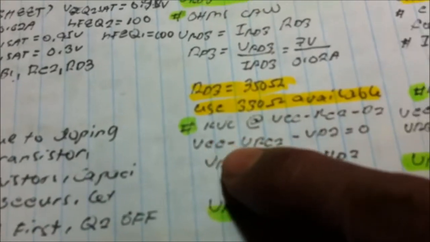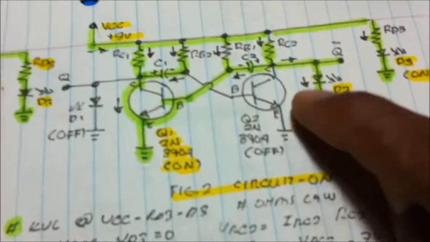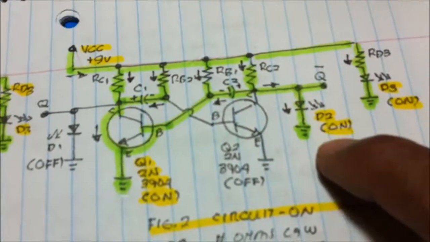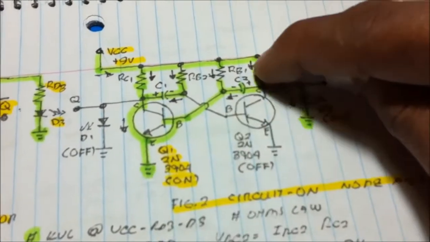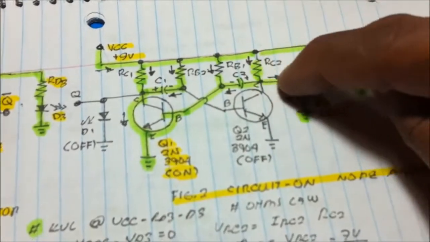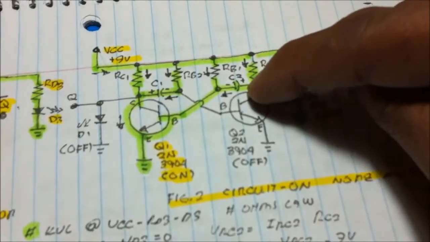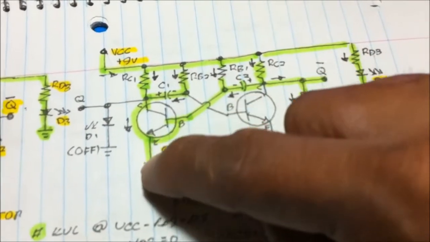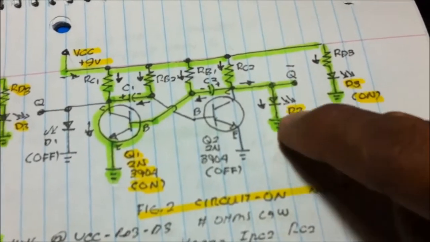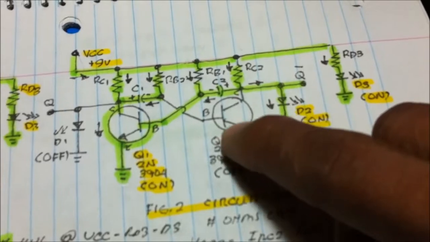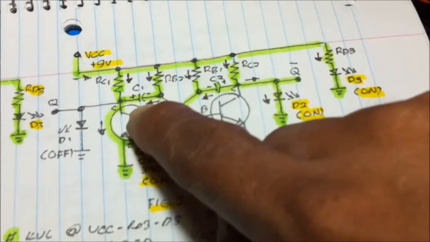We also have a KVL here, VCC to RC2, D2. Since the initial condition, current flows in this way. It means the capacitor in this way is charging, making the current flow into the capacitor, making the transistor forward biased, and also the current flows into the LED, because this is cut off due to the negative potential by this capacitor.